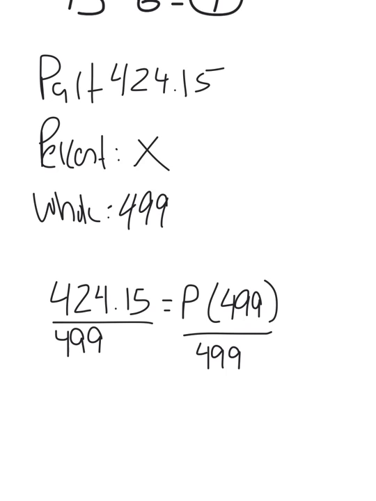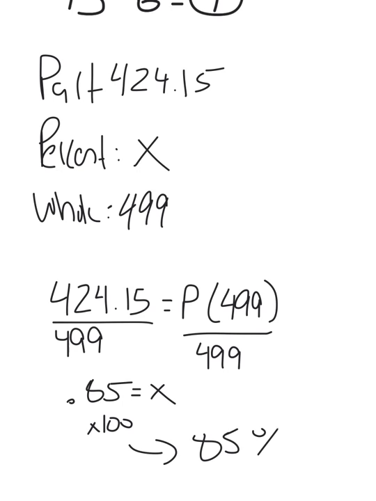When I divide each side by 499, I end up with 0.85 or 85 hundredths. Now remember, to convert the decimal to percent, because we want to find the percent, we have to multiply by 100. If I multiply 0.85 times 100, I'd end up with 85%. This tells us that the sales price is 85% of the original price.